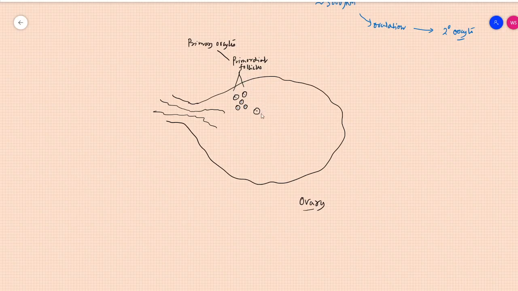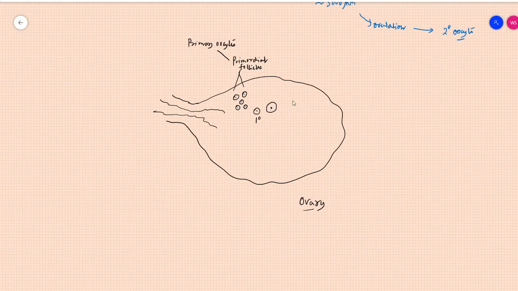So something bigger than that is a follicle that goes into development. Okay, so let's call this the primary follicle. And slightly bigger would be a secondary follicle. And as we said, it's got the thecal layer.